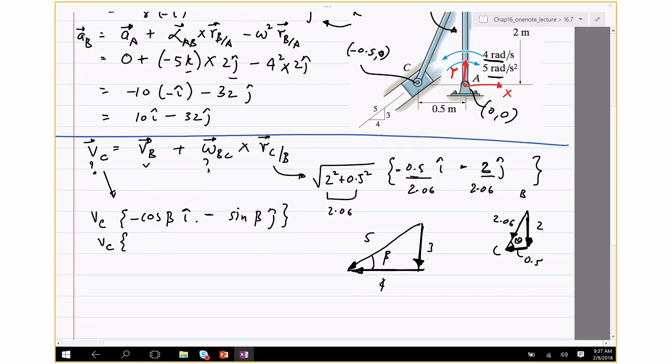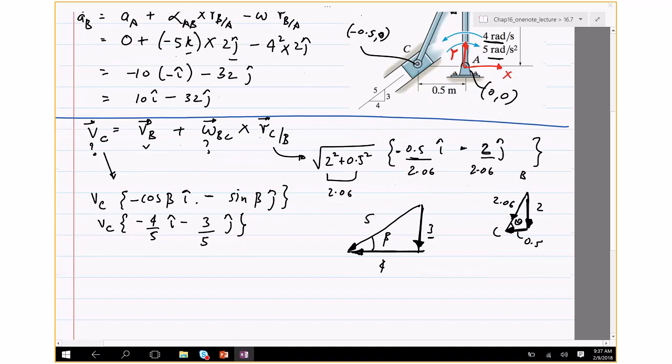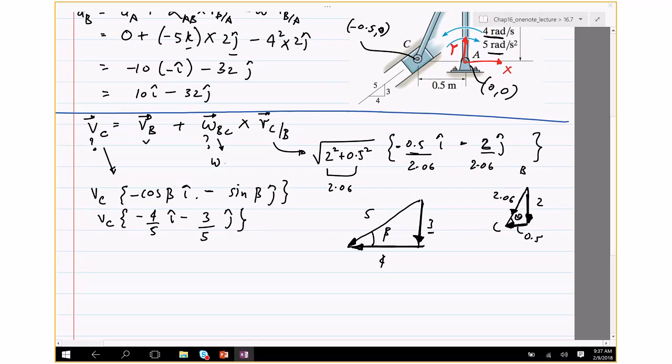But cosine of beta is 4 divided by 5. That's true because it's the adjacent side divided by the hypotenuse, and sine beta is going to be 3, which is the opposite side, divided by the hypotenuse. And omega BC is omega BC magnitude times K.